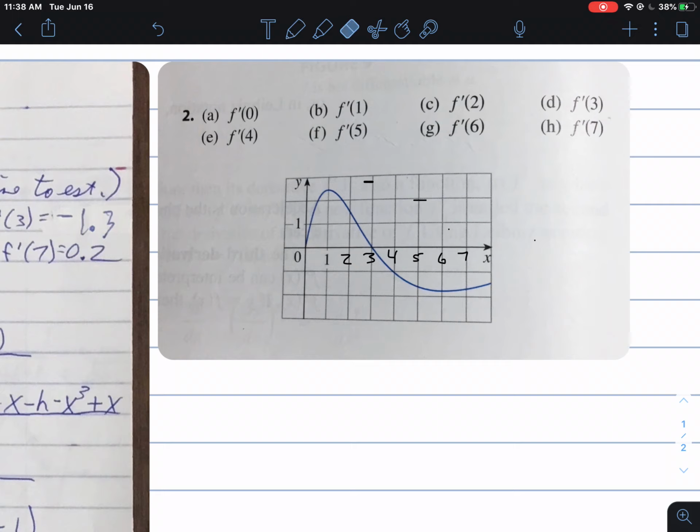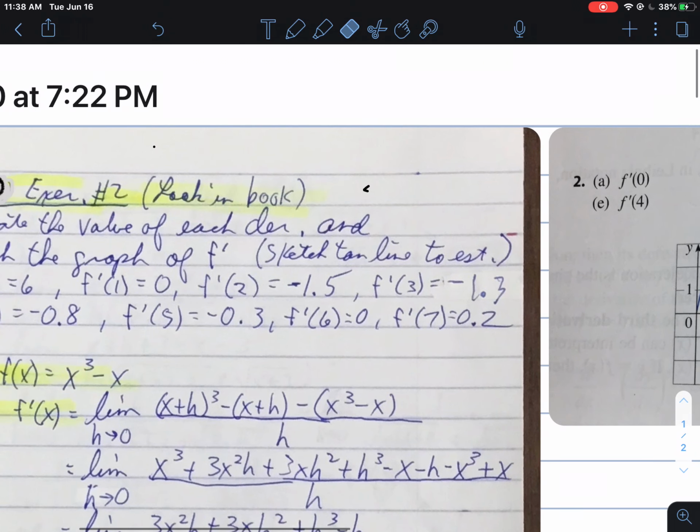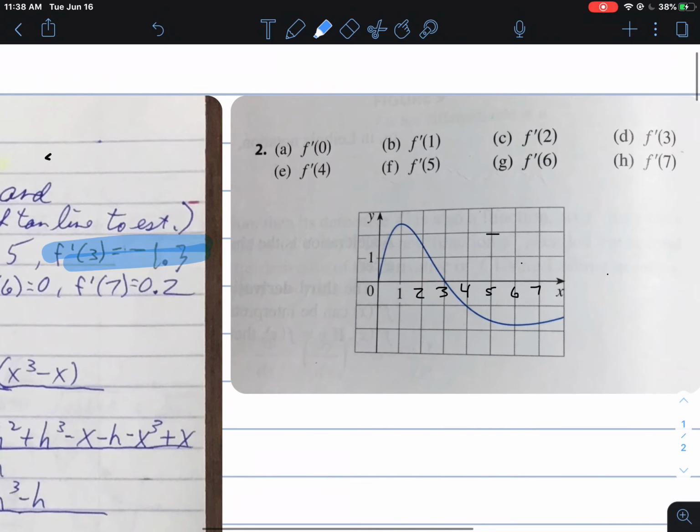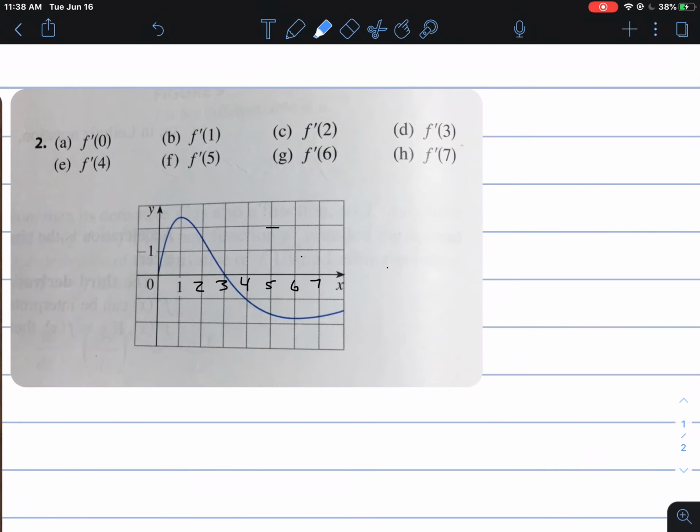So what I don't want to get into is, look at f prime of 3. F prime of 3, they're telling us is negative 1.3. Would I expect you to look at this graph and say that at x equals 3, if I drew the tan line at that point, right, kind of something like that, you could tell me that the slope of that line is negative 1.3?